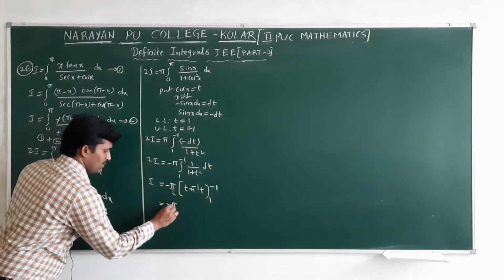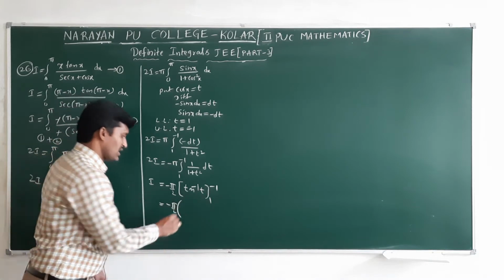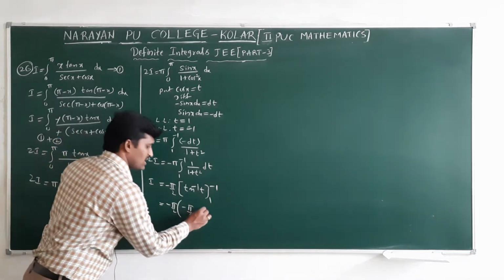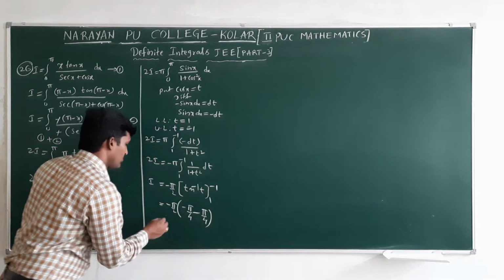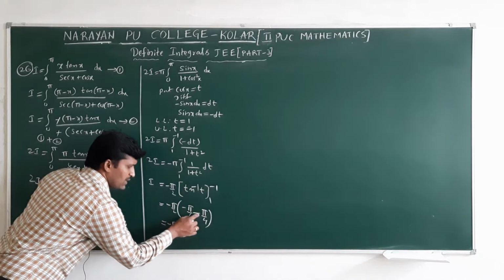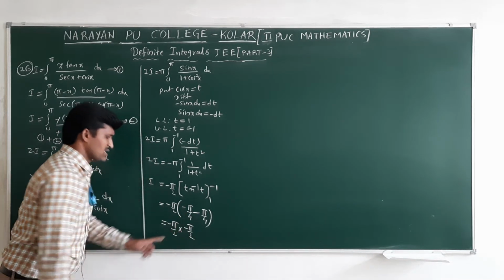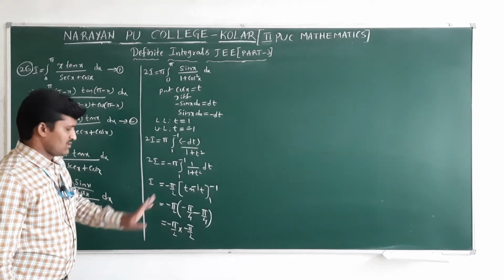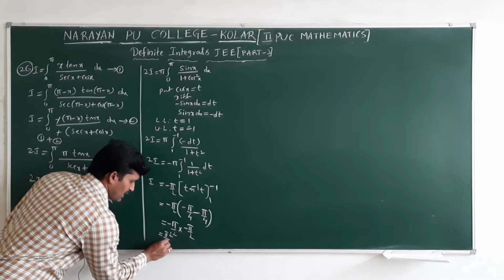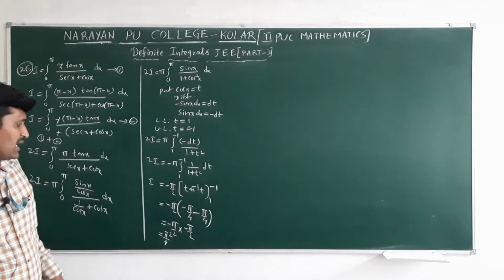That is minus pi by 2, substitute upper limit, tan inverse of minus 1 is minus pi by 4, minus tan inverse of 1, that is pi by 4. Minus pi by 2 into minus pi by 4 minus pi by 4, that is minus 45 minus 45, that is minus 90 degrees. Minus into minus is plus, pi square by 4 is the answer, that is option A.